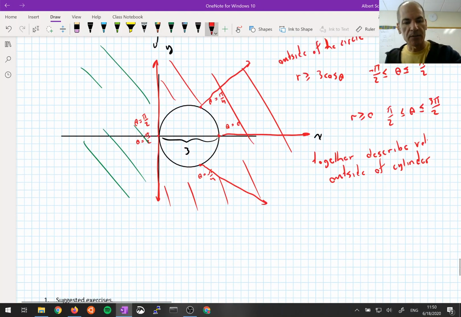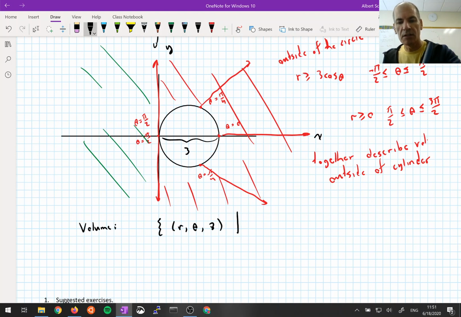So all together, the volume is the set of points r, theta, and z. This is set notation. That satisfy the condition. This vertical bar means satisfying the following condition. The first condition is that r squared plus z squared is less than or equal to 9.